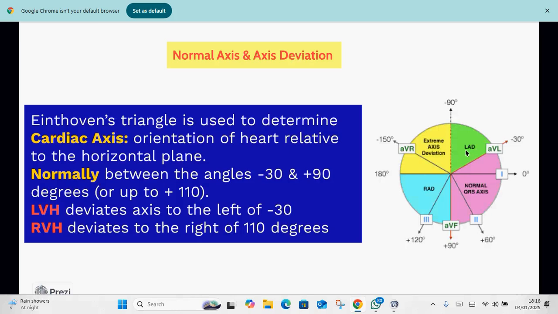LAD stands for left axis deviation. Don't mix it with left anterior descending artery. This is left axis deviation.